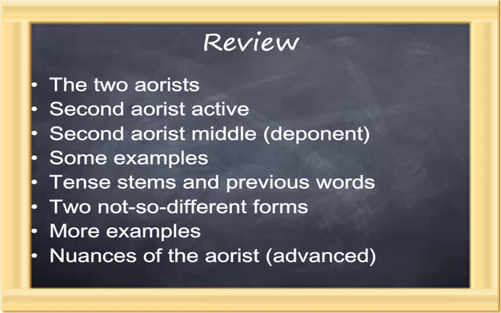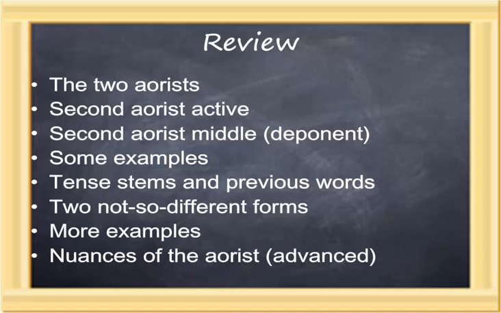In this lesson, we have discovered that there are two different ways of forming the aorist, the undefined action in the past. Just as in English, so in Greek. The formation can be done either by adding something to the verb or changing the stem. In this lesson, we looked at the second aorist, active and middles, because they are quite similar to the imperfect, the only difference being the stem that's used.